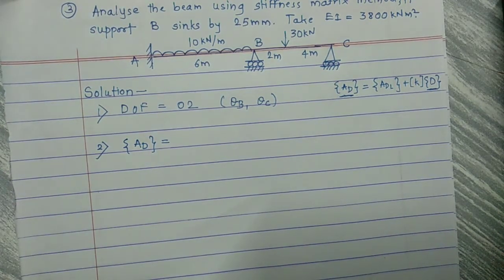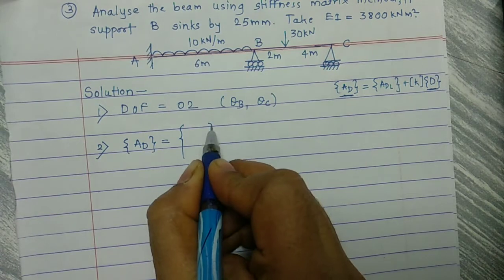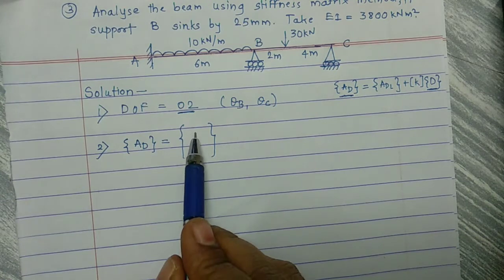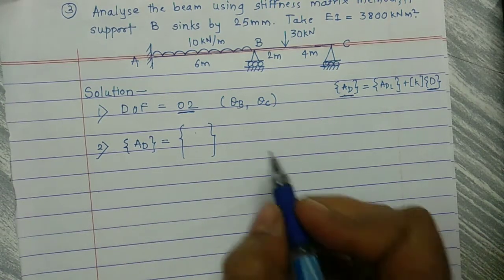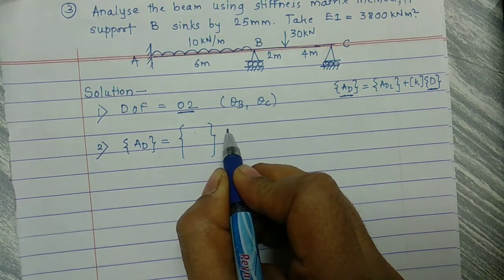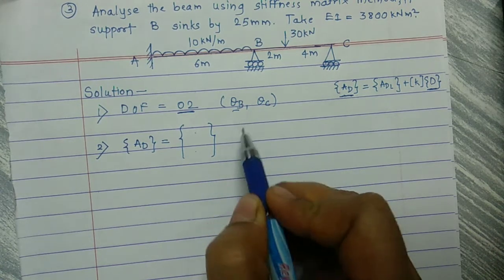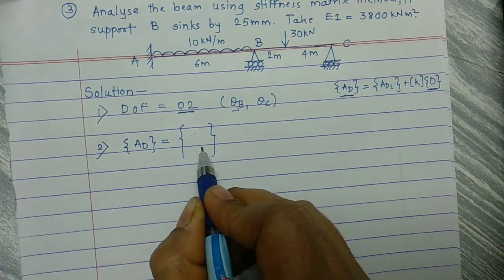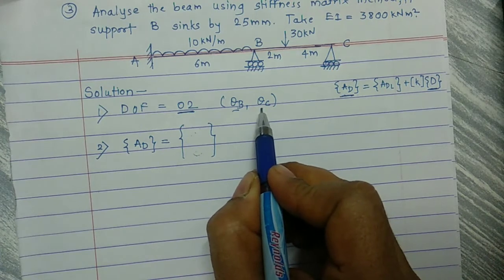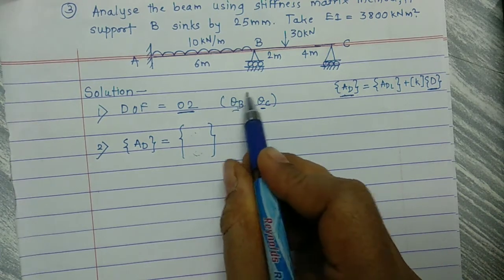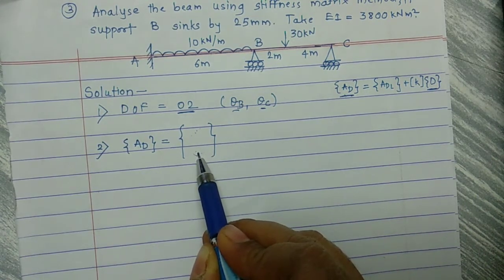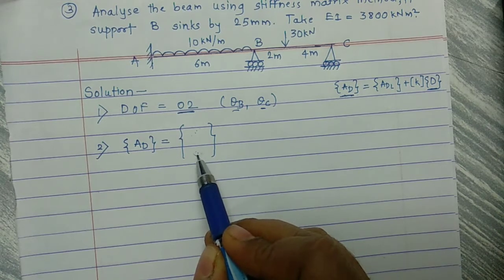This AD matrix is always a column matrix which will contain two elements according to the degrees of freedom. As it is 2, there will be two elements in this column. The first element corresponds to the action corresponding to the first unknown theta B, that is moment at B, and here moment at C, because the second unknown is theta C. So the action corresponding to rotation is moment. These two elements you have to write from the original structure.